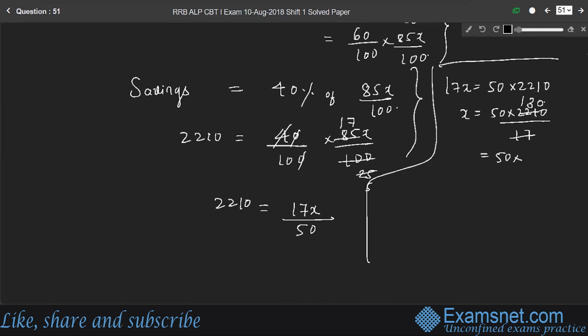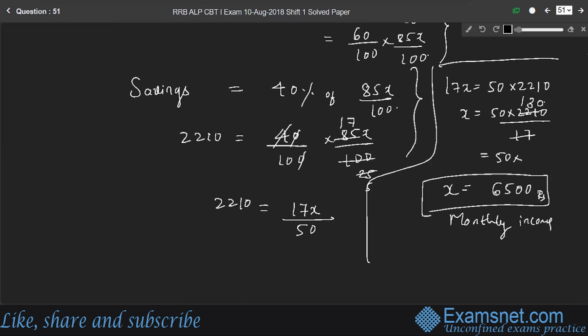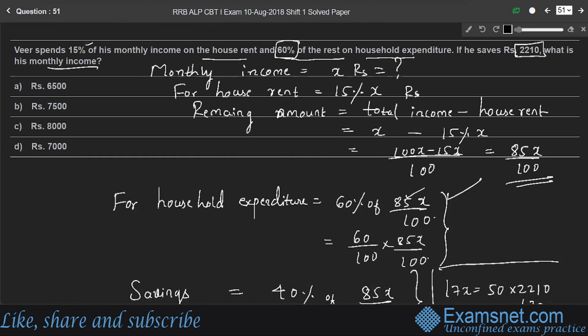So 130 into 5, so we have 13 into 5, 65, 2 zeros, right? So therefore, X is 6,500 rupees. That means his monthly income is 6,500 rupees. Option A is the right answer.